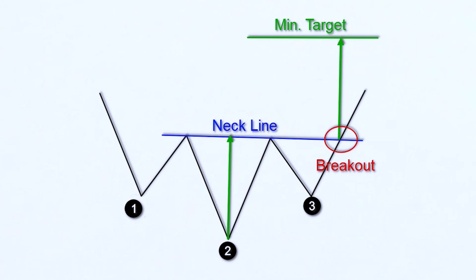This pattern indicates that the downtrend is losing momentum and a new uptrend may be starting. For example, if you spot an inverse head and shoulders pattern forming after a prolonged downtrend, it could be a signal to prepare for a potential bullish reversal.